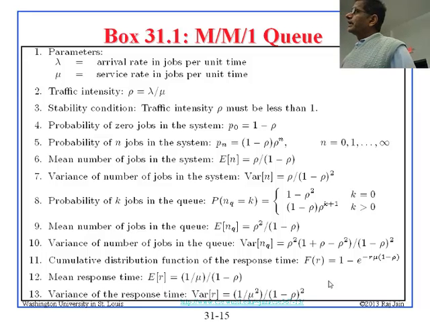And then the mean number of jobs waiting is the average value of that, and this one doesn't include the jobs in service. Then the variance of that, and then the cumulative distribution of the response time is also derived, and if you know the distribution, you can calculate the mean response time, variance, and so on and so forth.